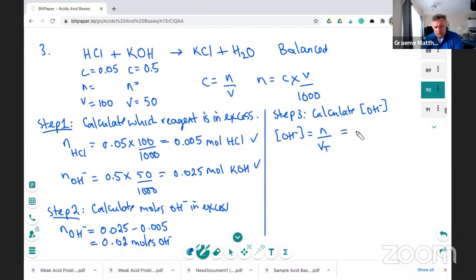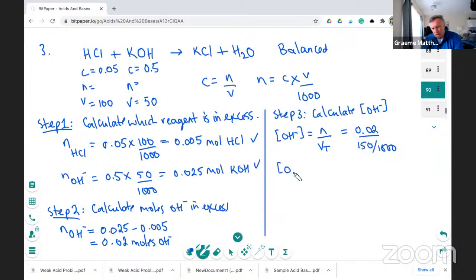All right, just to keep it straight in our heads here, 0.02 over, hold on, it was 50 and 100, right? So was it 150 over 1,000 like this?